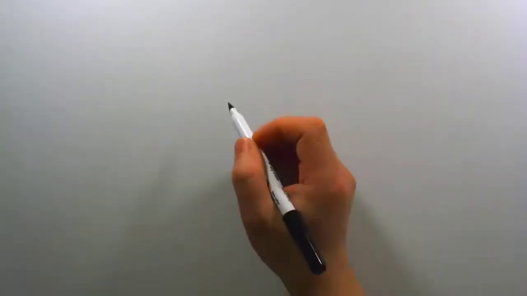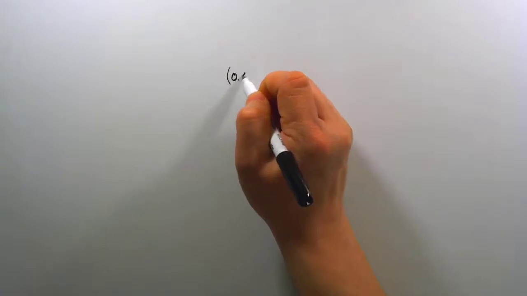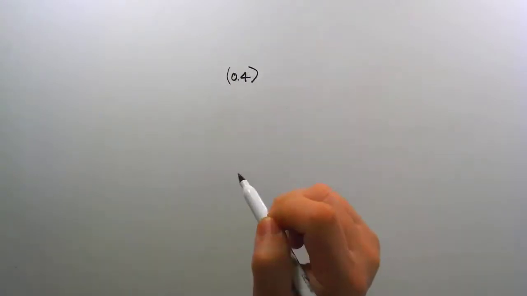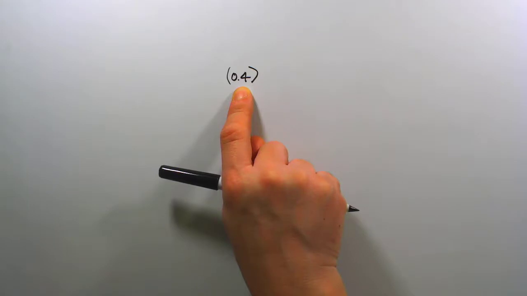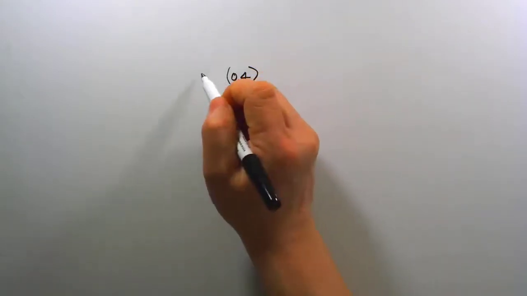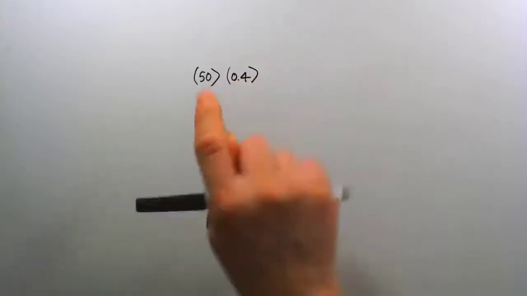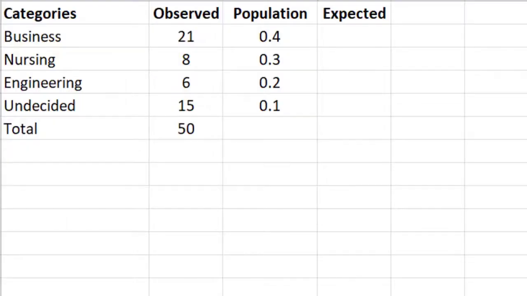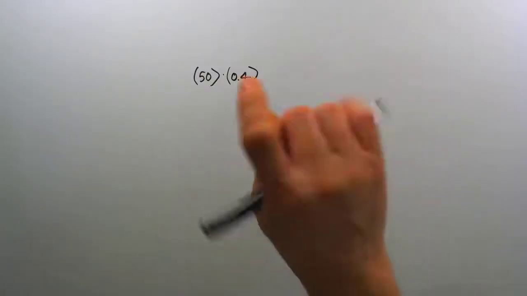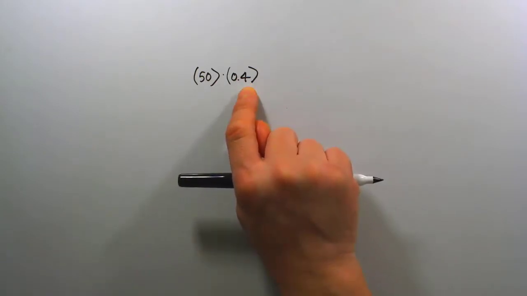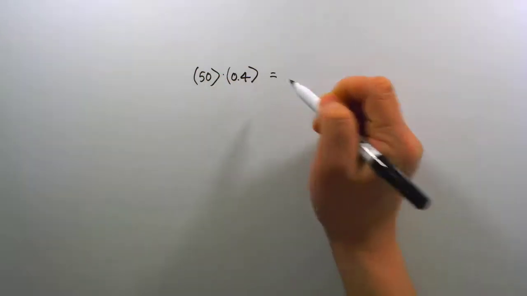So as a scratch work, if it was true that 40% of the students' population is in the business major as listed in the table you have seen previously, then in the sample of 50 students, this is our sample size, the total at the bottom of all of our observed counts here. Multiplying the sample size with this population proportion that is currently accepted to be the truth, we are going to come up with a count.